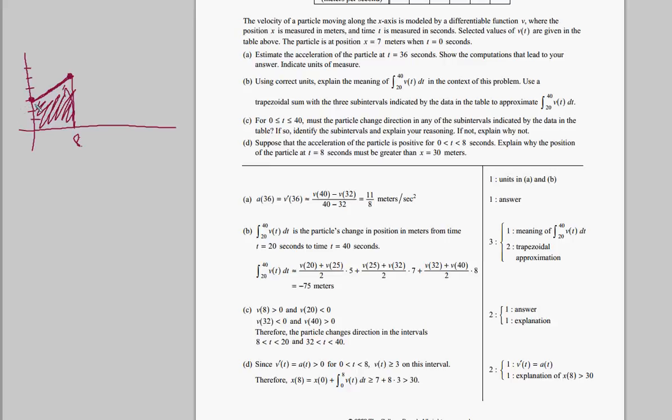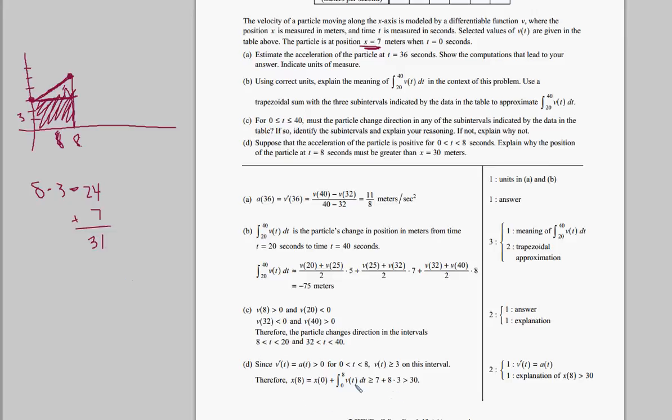Well, I know if I estimated this on the low end, which is using an LRAM, that the width of this rectangle is 8, and the height of this rectangle is 3, and 8 times 3 is 24. And I also know that at time 0, his position was 7 meters, so 24 plus 7 would equal 31. So on the low end, I know that my position has to be at least a 31.